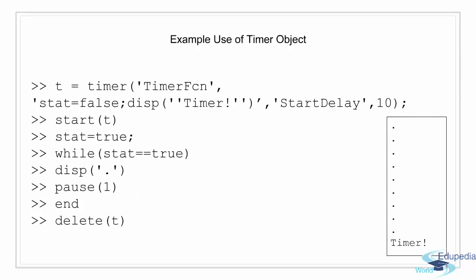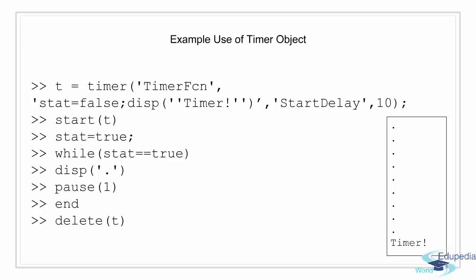To understand how exactly a timer object is created and used in Matlab, I'm going to show a very basic example where I will display some text after a timer gets completed. The example sets up a timer object that executes a Matlab command string after 10 seconds elapse. The example shown here creates a timer object specifying the values of two timer object properties, that is the timer function and start delay.